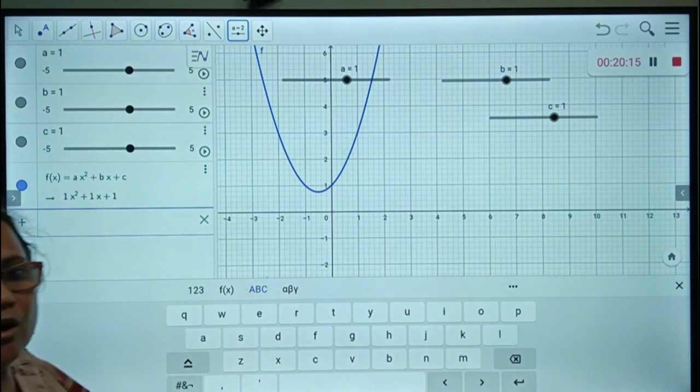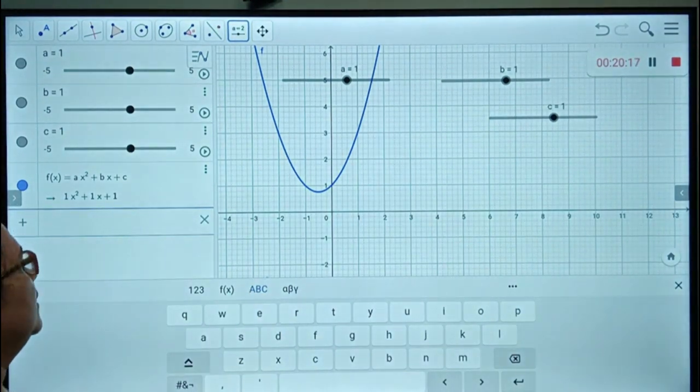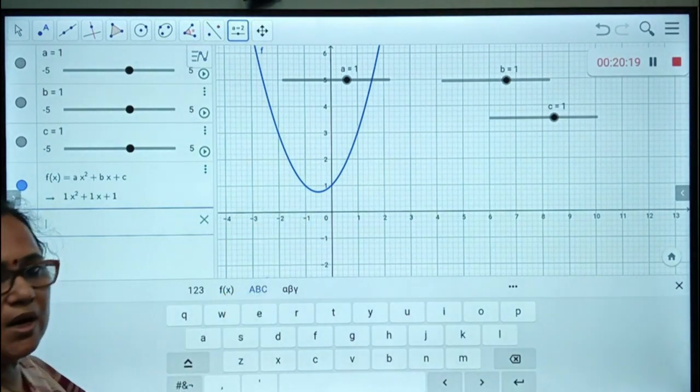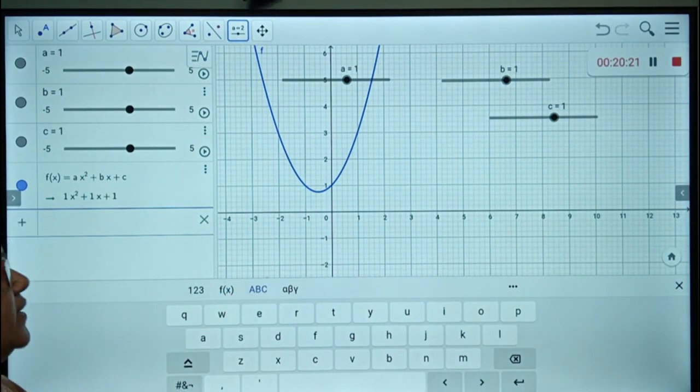So what am I getting now? I am getting a quadratic. Now what do you observe about the quadratic? It's not touching the x-axis.